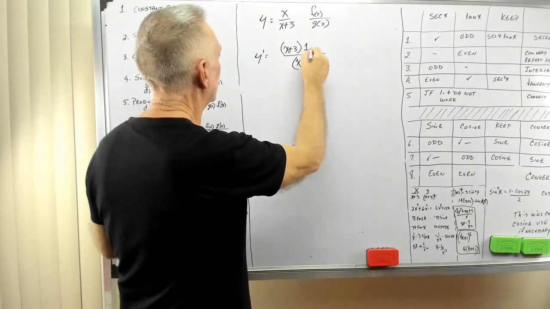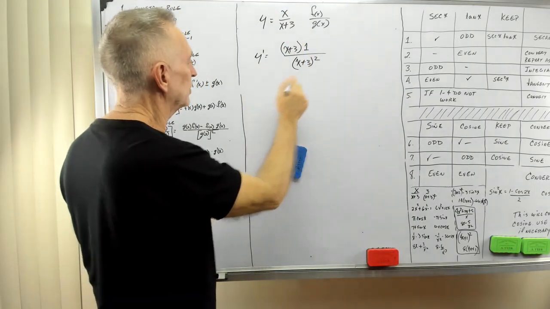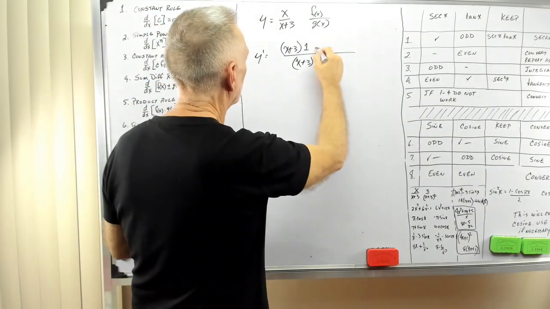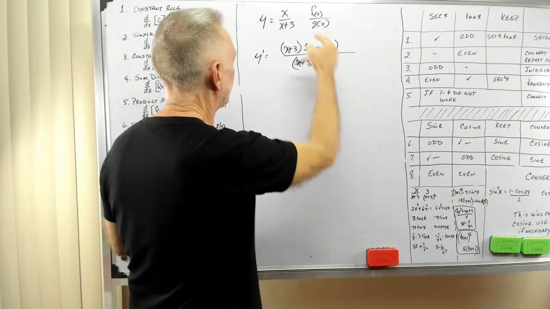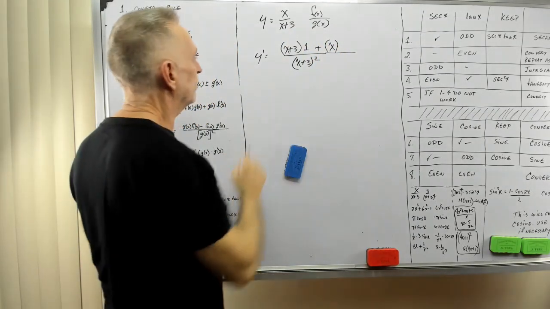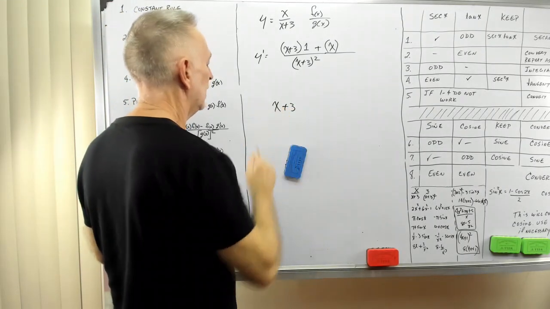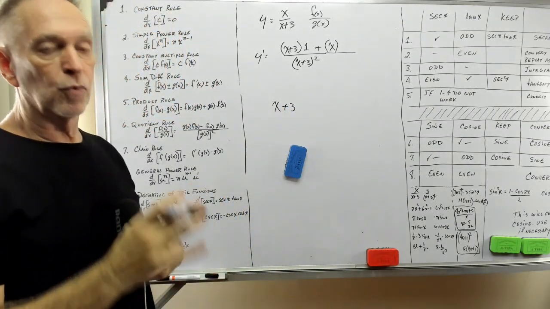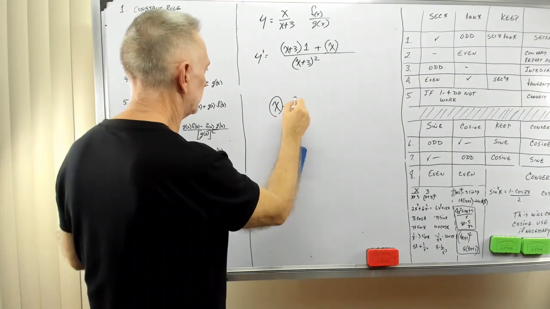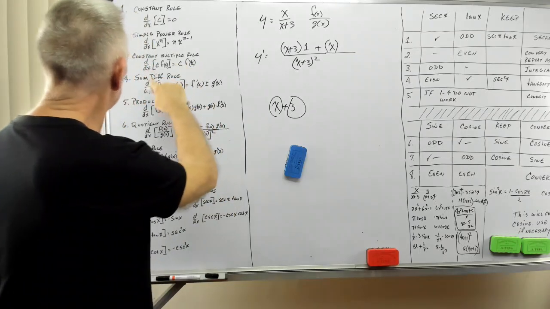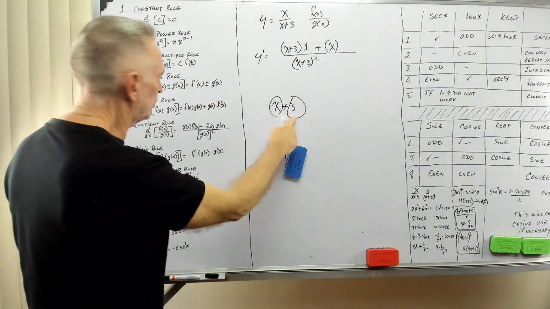All right, so I have g of x times the derivative of f of x, plus x, so I have f of x times the derivative of the one on the bottom. So now I have x plus 3. I have the sum rule of derivatives. I can take the derivative of this plus the derivative of that. Sum difference rule. So I have the derivative of f of x plus g of x.